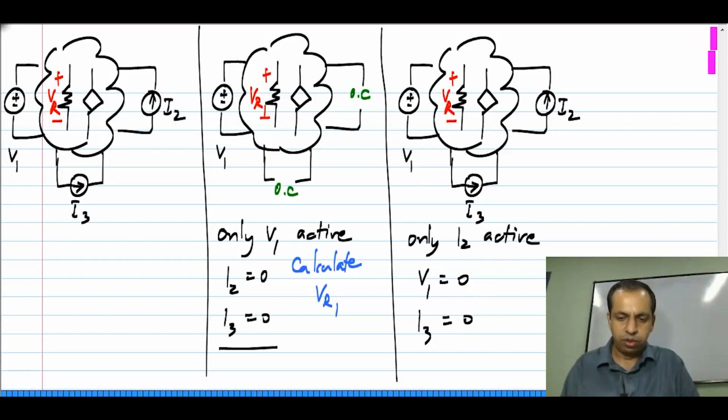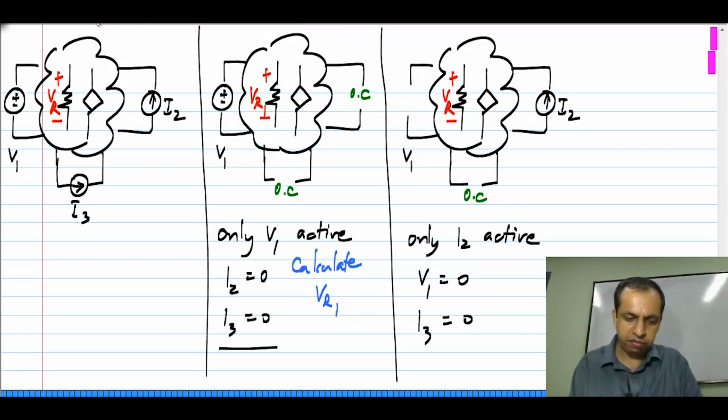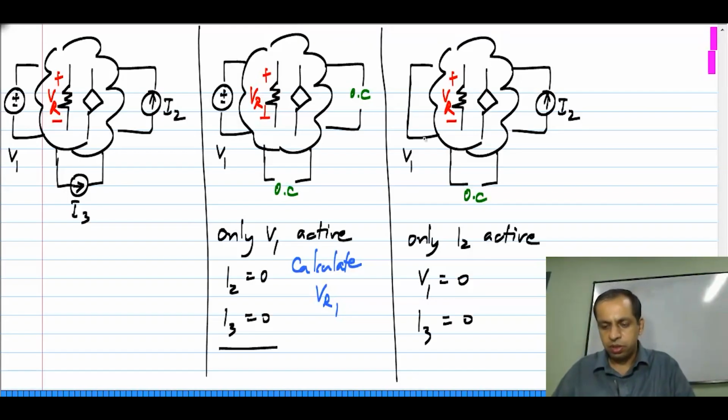A 0 valued current source is nothing but an open circuit. Okay. So, that is what I do. So, I open circuit the current source, and I have to set V1 to 0. A 0 valued voltage source is a short circuit. Okay, because between these two nodes you have 0 volts. So, that means that we have a short circuit. Okay.